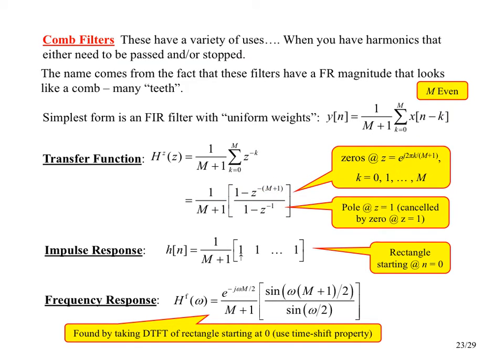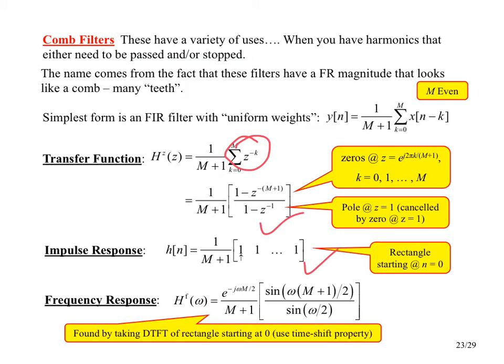In this case, there's really no danger of that because it all comes from these coefficients being equal to 1, and we can make those coefficients identically equal to 1. We don't have to worry about any rounding issues or anything like that. The impulse response is just a rectangular function, and then we can take the DTFT of that and find our frequency response.